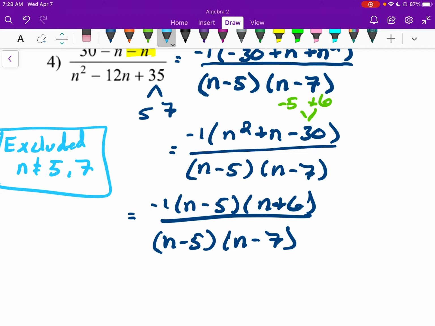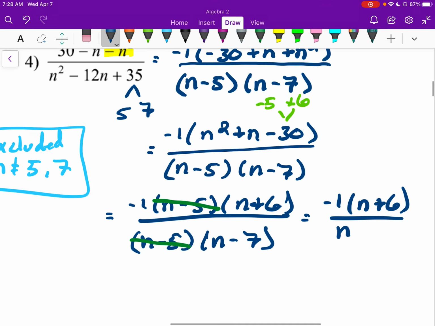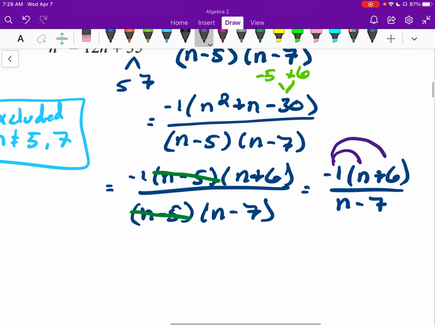Now we can cancel things out finally. The n minus 5's will cancel, and I'll be left with negative 1 times n plus 6 over n minus 7. Now at this point, I'm going to put that negative back in. You don't have to do that. It doesn't really matter. I don't care how you leave that.